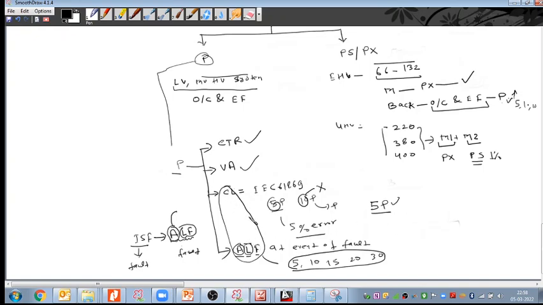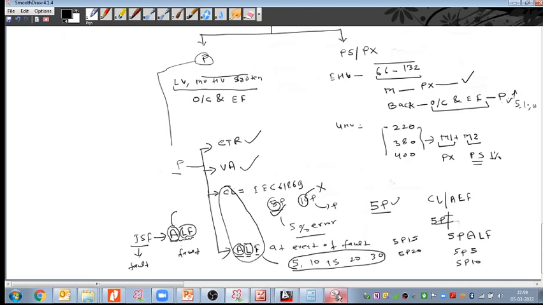The class is 5P, and the ALF is what we selected. If I select ALF 5, it will be 5P5. If I select ALF 10, it means 5P10. If I select ALF 15, it means 5P15. Similarly, 5P20.